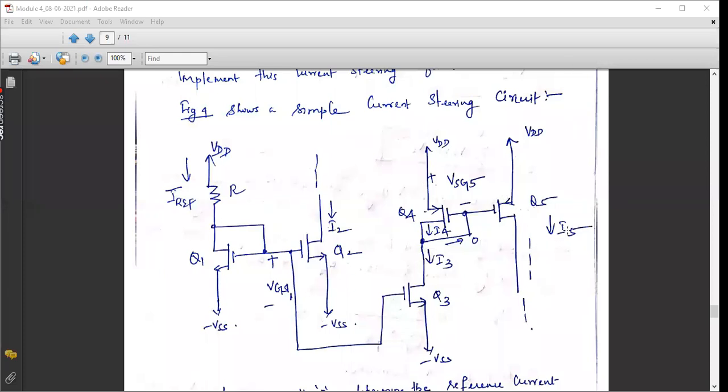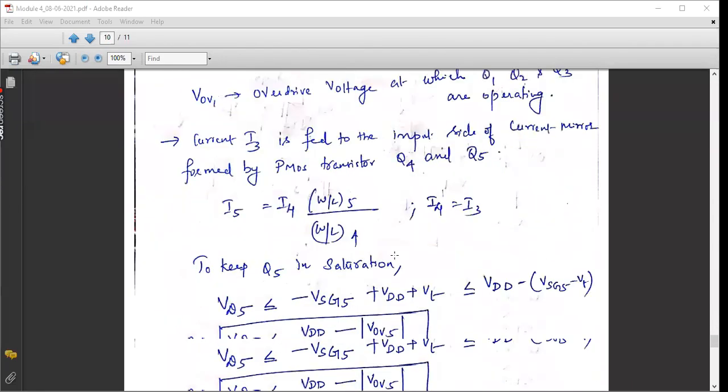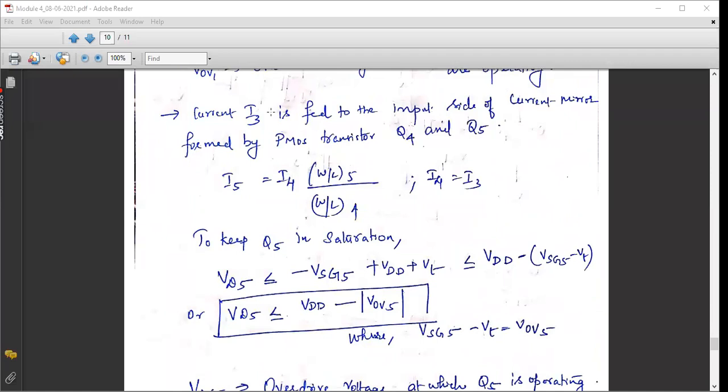Okay, so how are we going to write the equation for I5 in terms of I4? I5 is equal to I4 into the aspect ratio of Q5 divided by the aspect ratio of Q4.